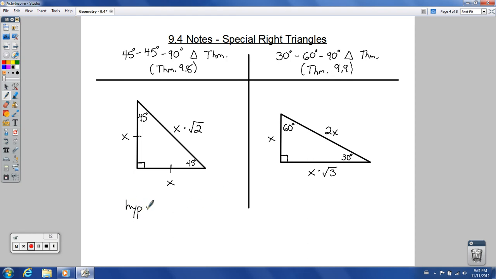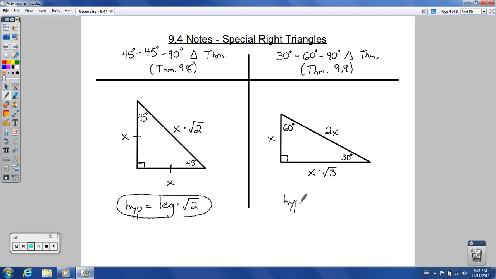So over here, the hypotenuse equals the leg times radical 2. You can see that here. Here's the legs. The legs are x, and then this is x times radical 2. So this is an equation way to remember this. This is kind of a pictorial way to remember this. And then over here we have two different equations.